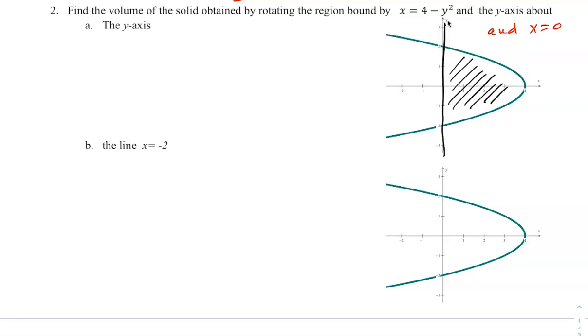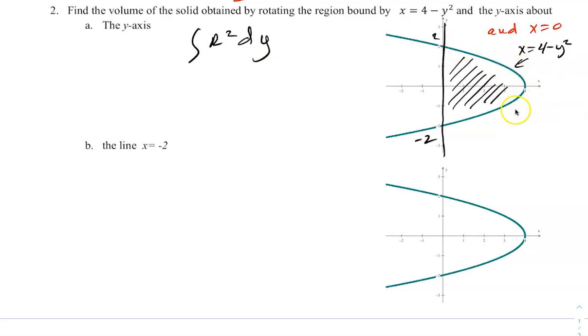Now if you look at the graph, we can tell it's going from -2 to 2. It's already, how lucky for us, in terms of y. So we just gotta know to go right minus left. So this is going to be this method. We're just going to integrate our r squared dy, going right minus left, so dy.